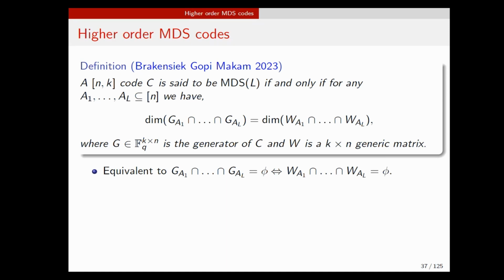Does the dimension of G_A equal the dimension of W_A for any possible A1 to AL? G is a fixed matrix. I only said the random thing to define what the dimension of a generic matrix is: you could look at W as a random matrix and figure out what this value is with high probability.